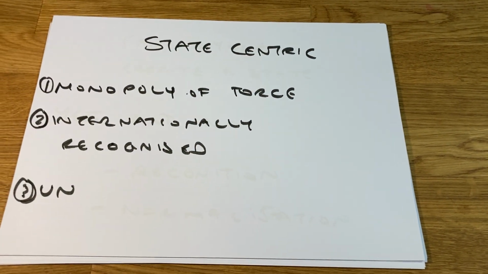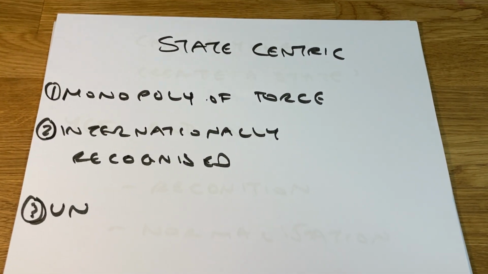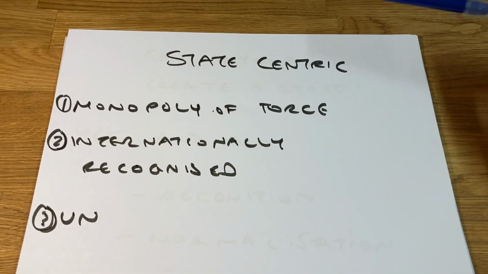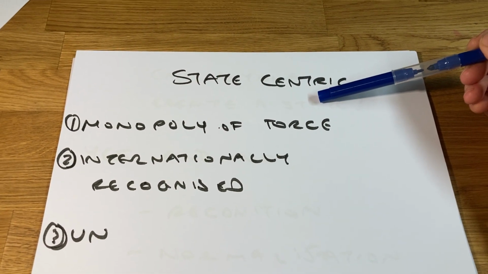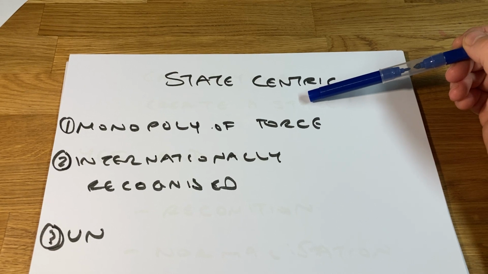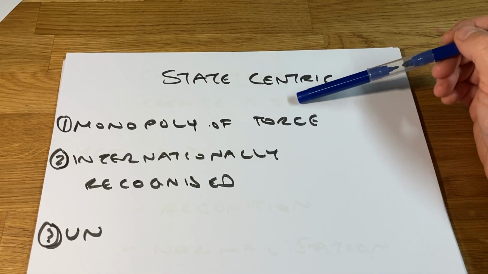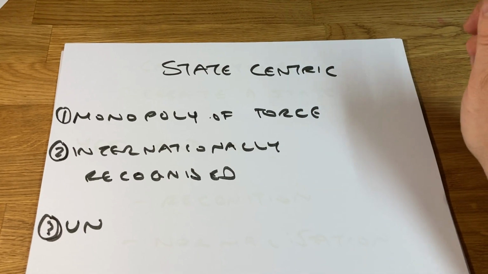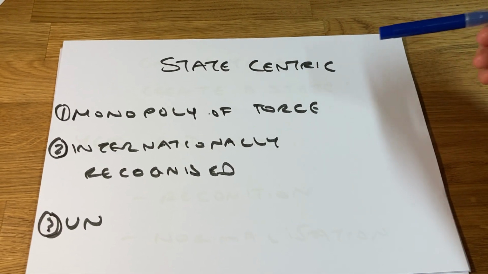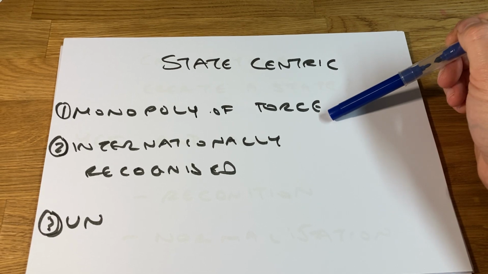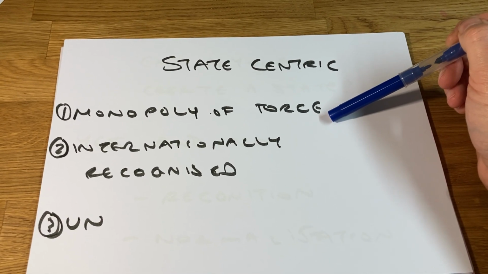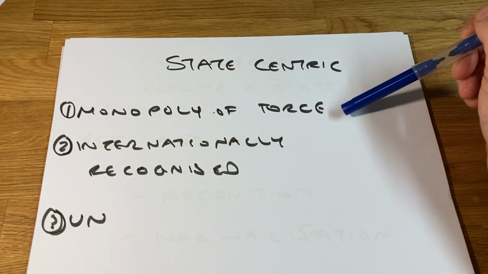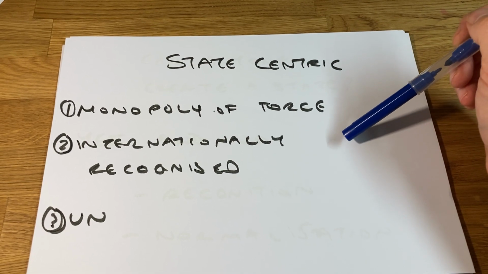So, the first thing we need to look at is that actually, in terms of who can and can't declare war, the international framework is state-centric. So if you are a terrorist watching this video, then I'm afraid you're going to be disappointed. The state in international relations has the legal right to and a monopoly of force within that state.